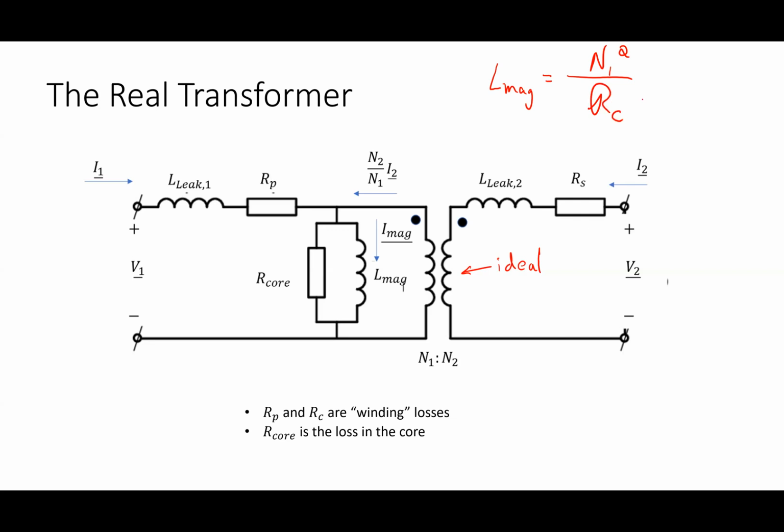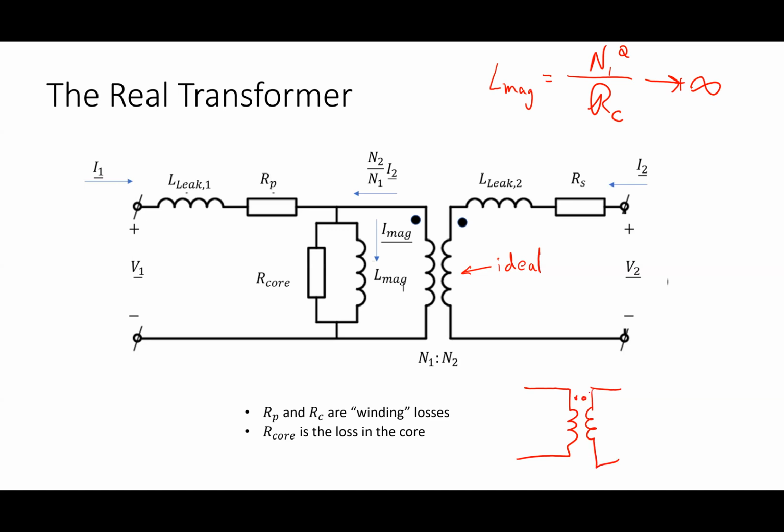Okay. What's going to be true if I had an ideal transformer? What would be true about the reluctance of the core? If it's ideal, our mu is infinite and our reluctance is 0. This guy would be infinite. So what's that mean? It basically means if this thing were truly ideal, this guy would reduce himself to just the ideal transformer.